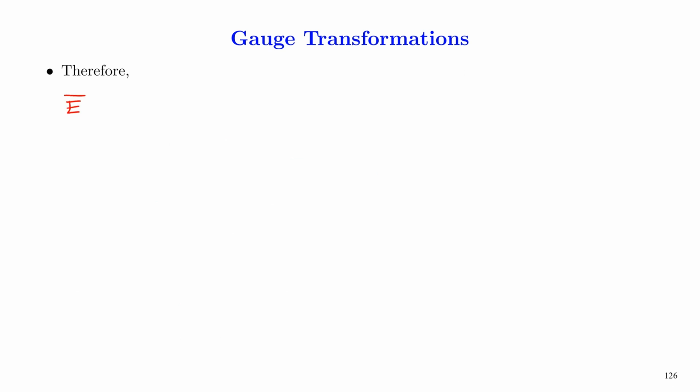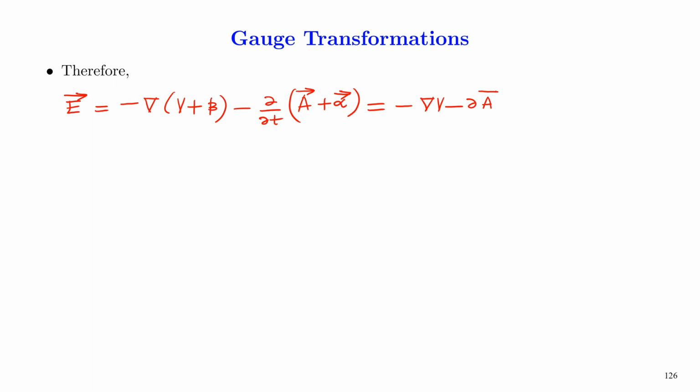Therefore, E equal to negative of del of V plus beta minus dou by dou t of A plus alpha, and this is equal to negative of del V, negative of dou A over dou t, minus del beta minus dou alpha over dou t.